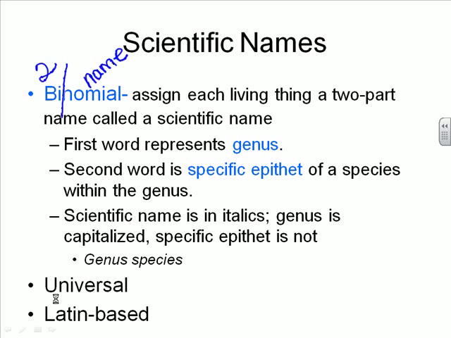I'm going to give it two parts to its name. And this scientific name consists of our most specific descriptors, our genus, and then our species, which is referred to as the specific epithet.